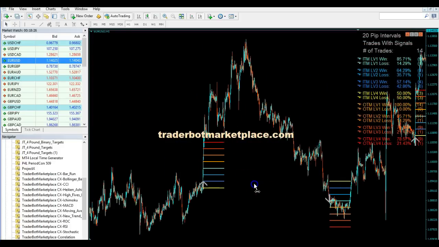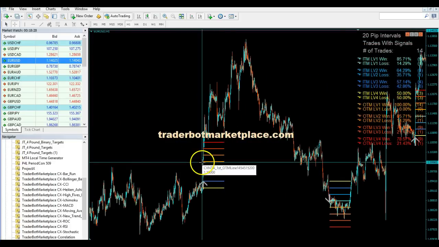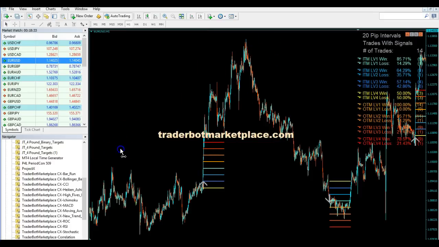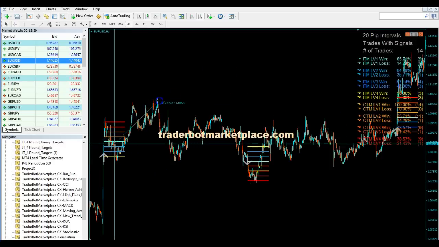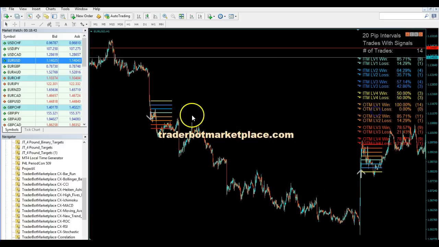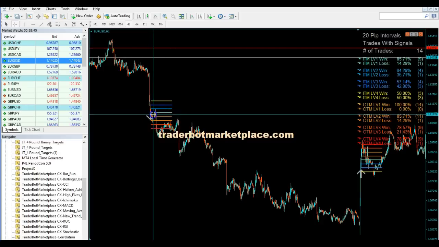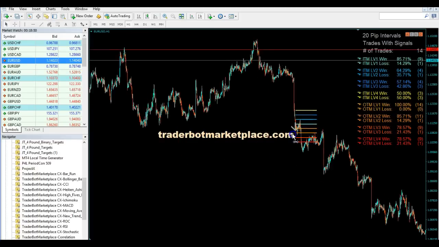Same with this. How far did this one move? 377. Can you pull any pips out of that? Stop out here. How far did this one move? 187. How far did this one move? 611.